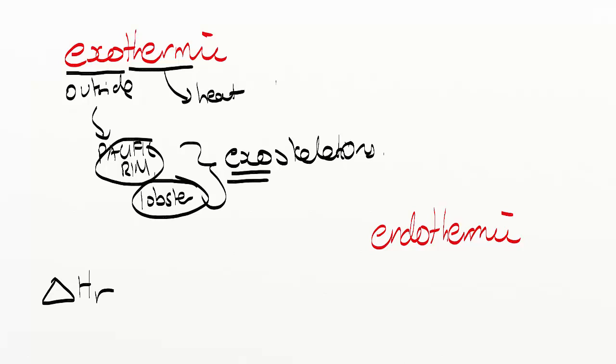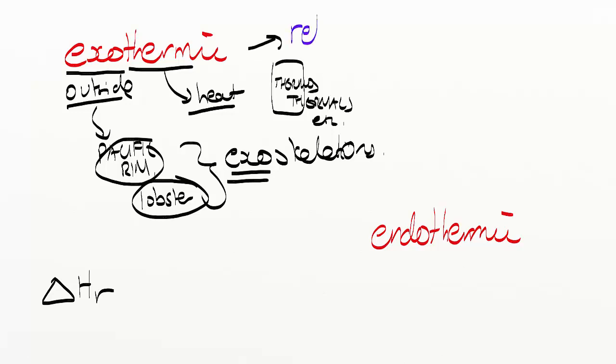All you have to do is think about a thermos, thermals, etc. to know that this is talking about heat. So exothermic means outside heat, which means that it releases heat into the environment. So an exothermic reaction releases heat.